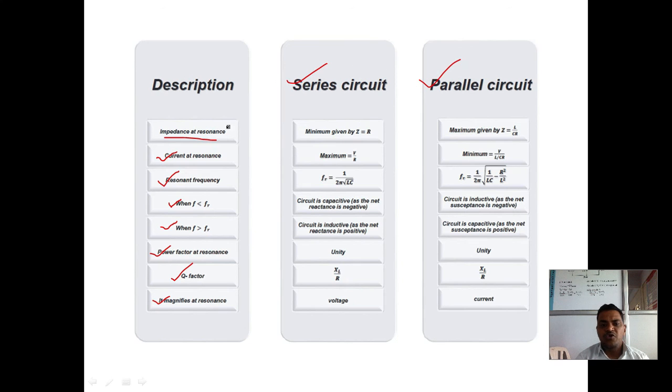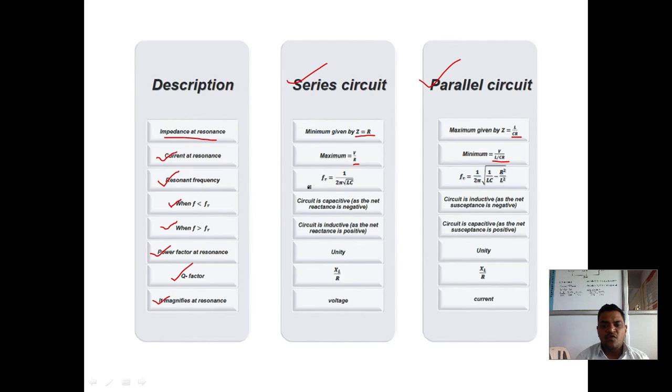The impedance at resonance: the minimum is given as Z equal to R for the series circuit, and the maximum impedance is given by L upon CR for the parallel circuit. The current at resonance for the series circuit is V upon R, and for the parallel circuit the current is a minimum, given by V upon L upon CR, that is VR upon LC.